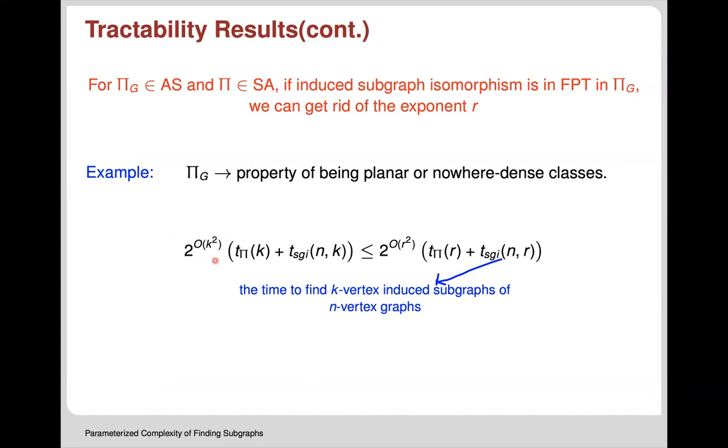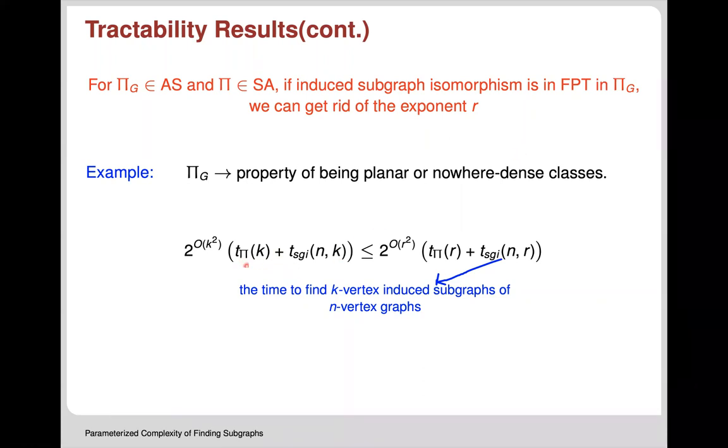And then what we do is, for each graph, we check whether that graph satisfies property pi, as well as whether that graph satisfies property pi g or not.